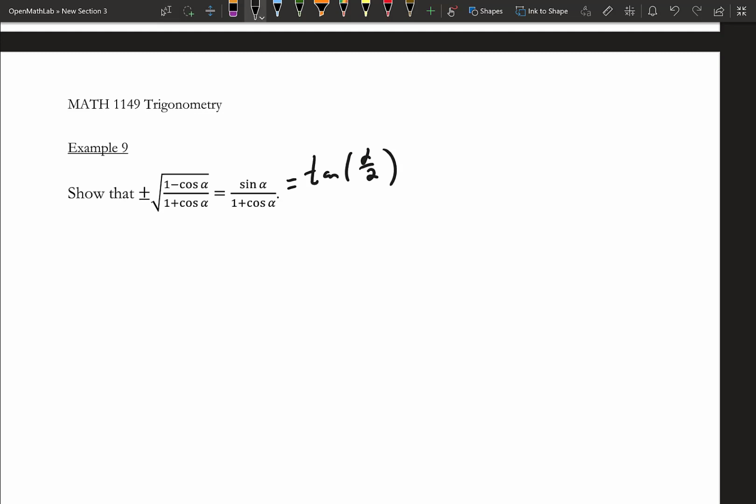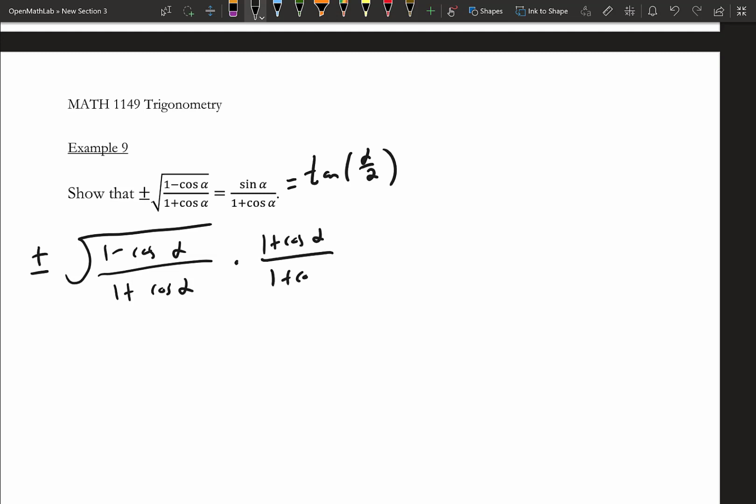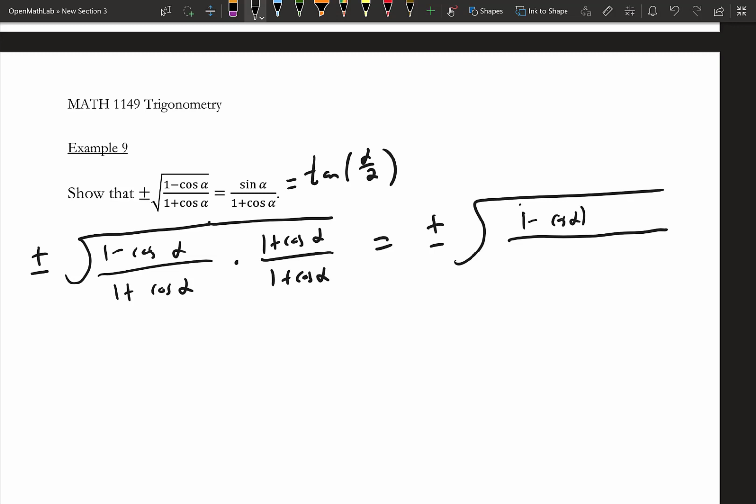Right, so how this one goes, we start with the left-hand side: plus or minus the square root of 1 minus cosine alpha over 1 plus cosine alpha. And then I'm going to multiply top and bottom this time by 1 plus cosine alpha. So in the top, this is a difference of squares: 1 minus cosine alpha times 1 plus cosine alpha.